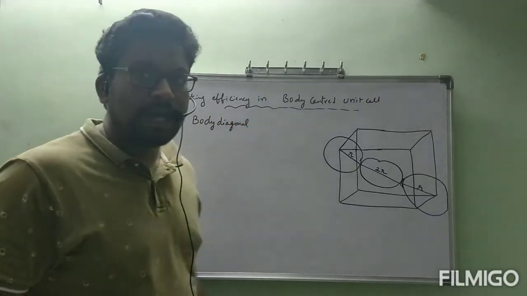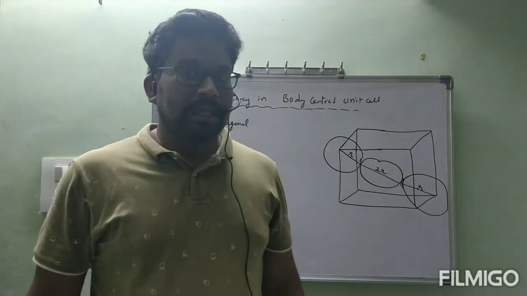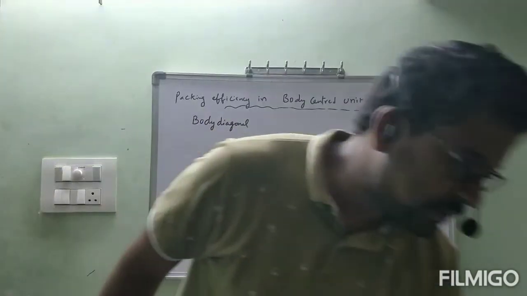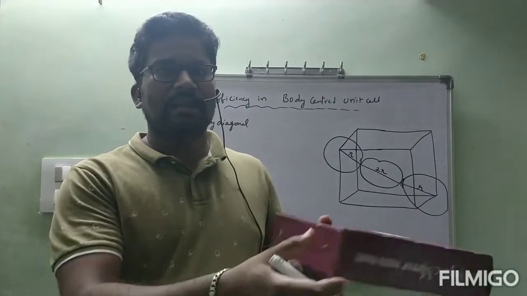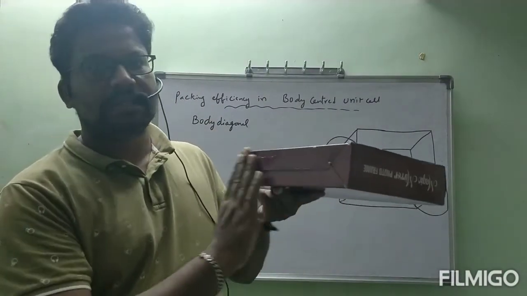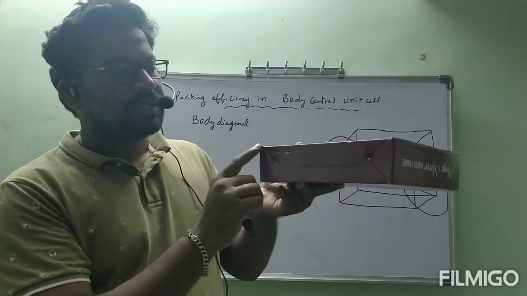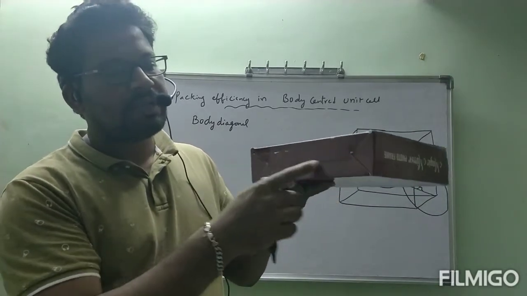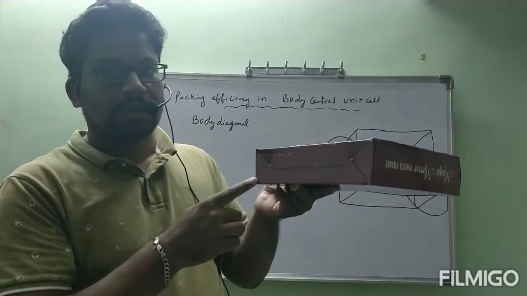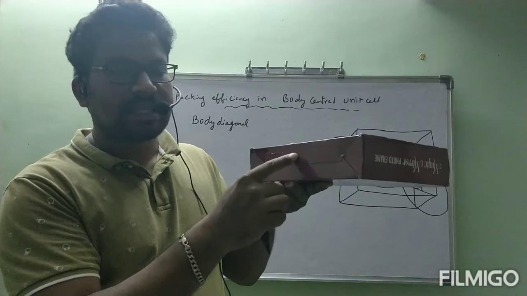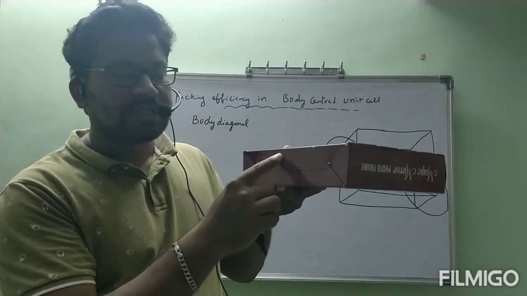In a cube, two types of diagonals are possible: body diagonal and face diagonal. See all of you, this is a face. From this corner to this corner, if you join one line, that is called a face diagonal. Yesterday we saw the face center is here.